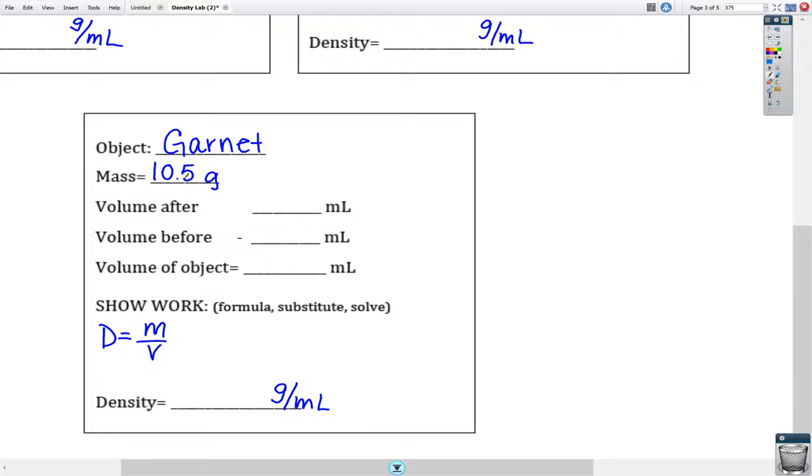Starting with 130 milliliters. So that's our before. And then let's see our after. Looks about 133 milliliters.